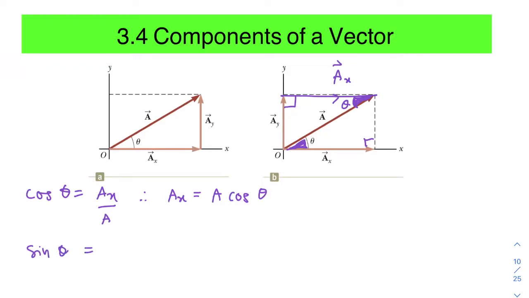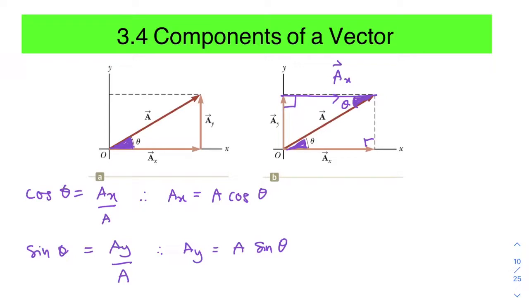But it's not a must to deal with the X all the time with cos theta. No, it's not a must. It will depend on which angle you are referring to. So for this case, sin theta is AY over A. Therefore, AY only is A sin theta, with respect to this angle, the purple angle here.